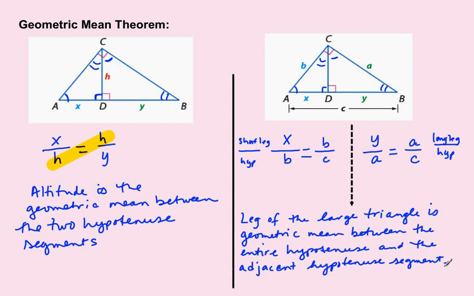So the leg of the large triangle is the geometric mean between the entire hypotenuse and the adjacent hypotenuse segment.